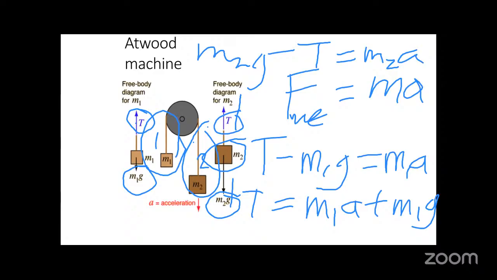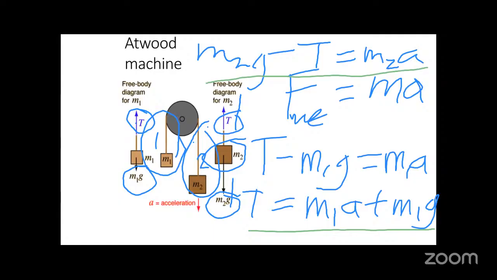Now, if we combine equation 1 and equation 2: in equation 1 we have T is equal to M1A plus M1G, while in equation 2 we have M2G minus T is equal to M2A.